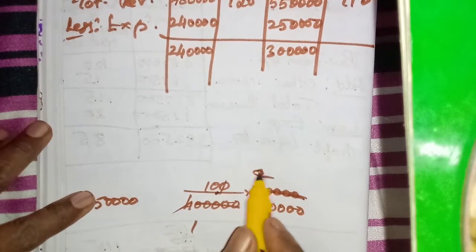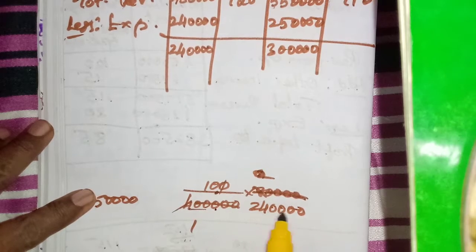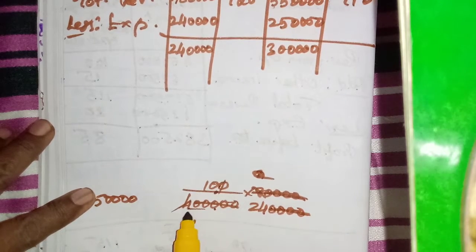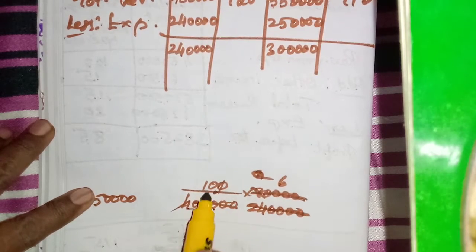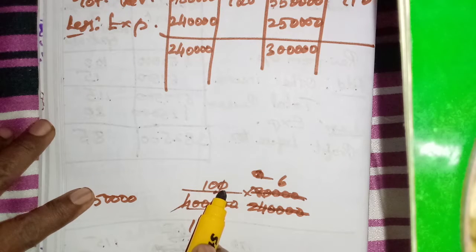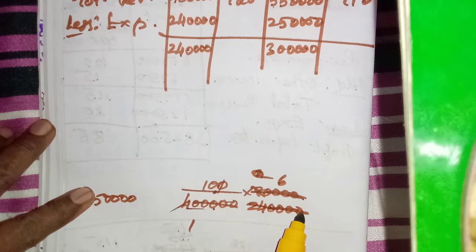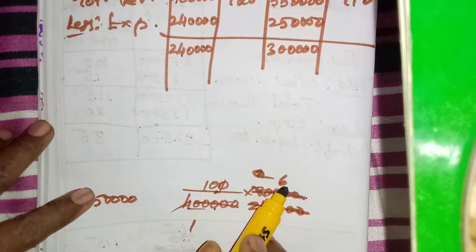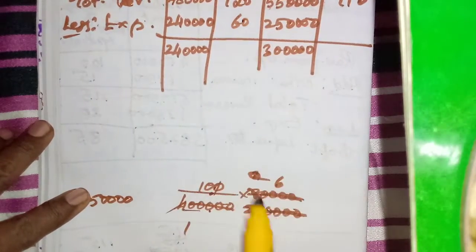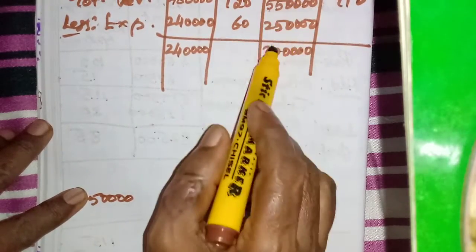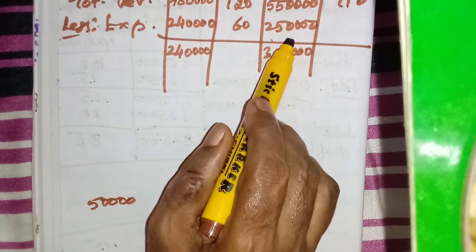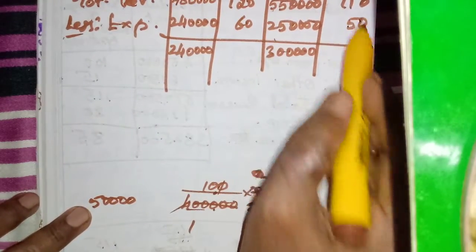Okay, 50, here 401. Okay, then 4, 6. 6 into 10, 60, isn't it? Correct only? Okay, 60. Then here, if it is 5 lakh 100, then half of 5 lakh only 2,50,000, isn't it? So we can write 50%.